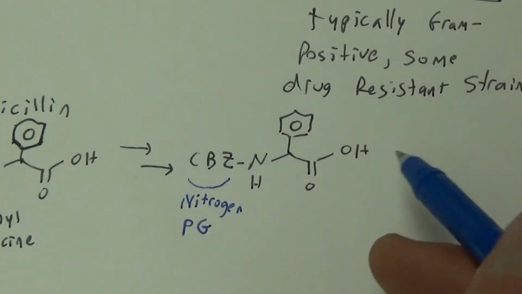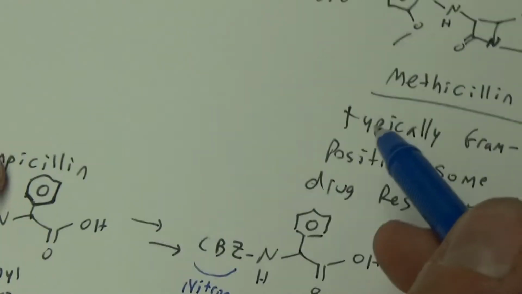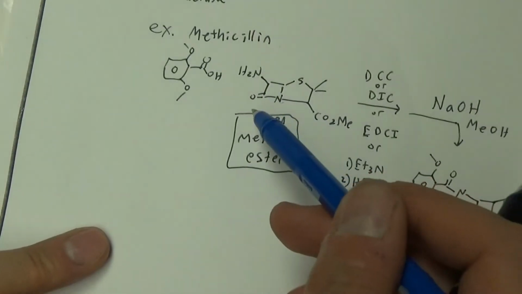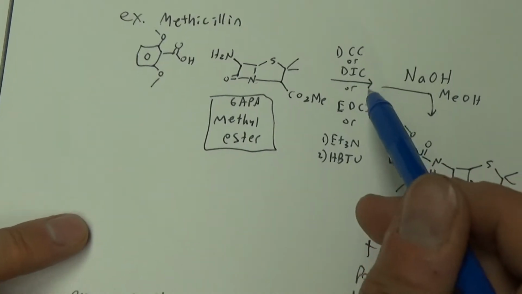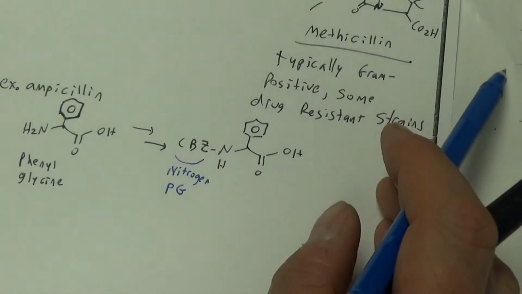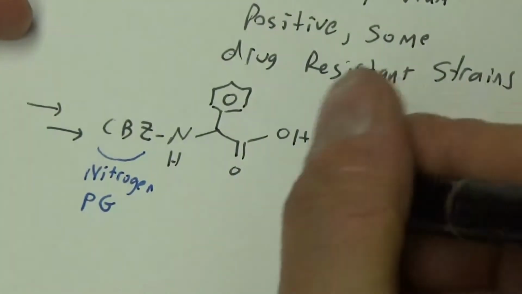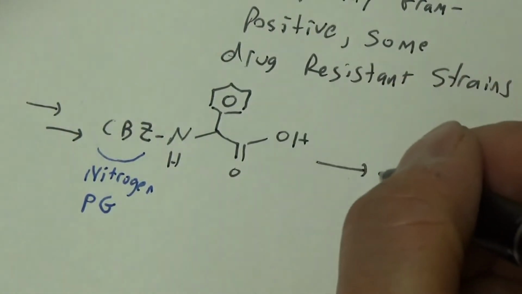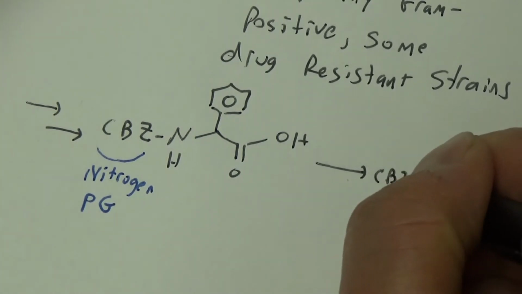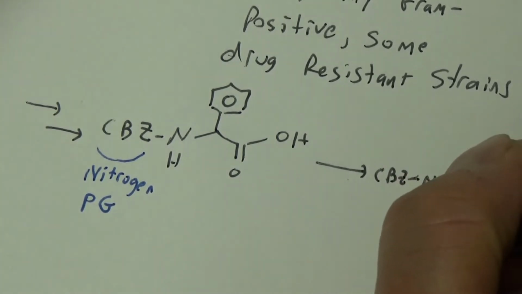So then, in this case, rather than using our nifty EDCI coupling reaction, they actually convert it to an acid chloride. They convert this whole thing, CBZ nitrogen, to an acid chloride.